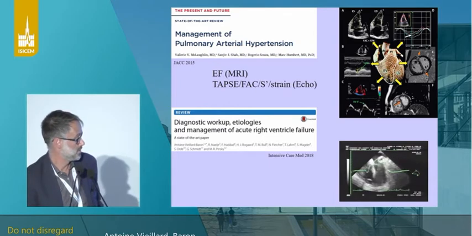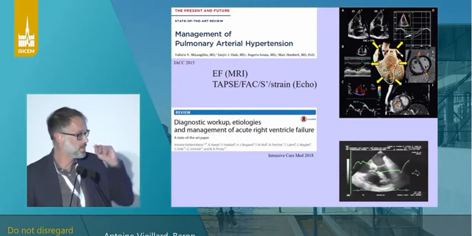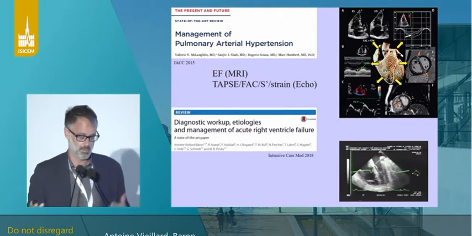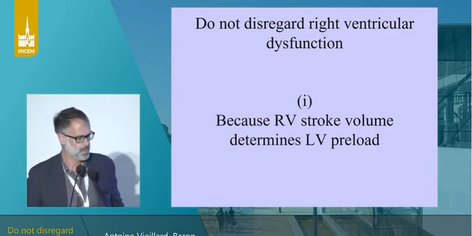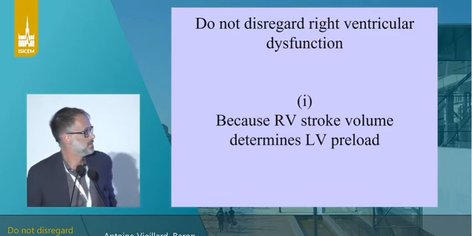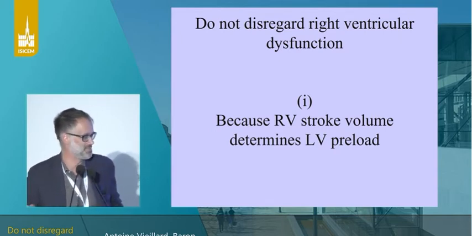You see that the right ventricle is much bigger than the left ventricle. So at that stage, we don't know exactly what is the best approach or how to combine both. But in all cases, do not disregard right ventricular injury, I would say, not dysfunction, not failure.